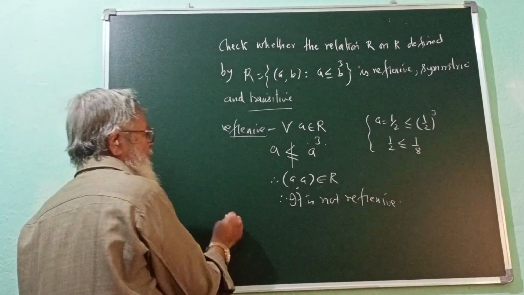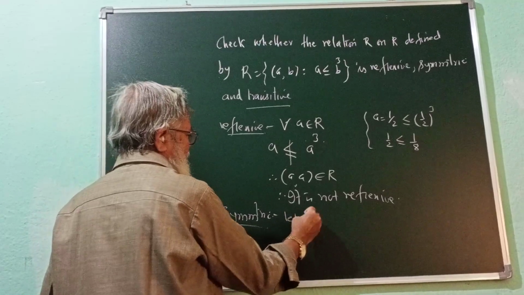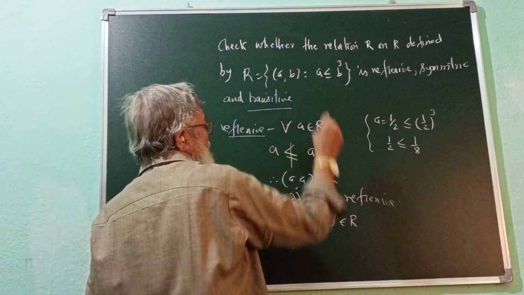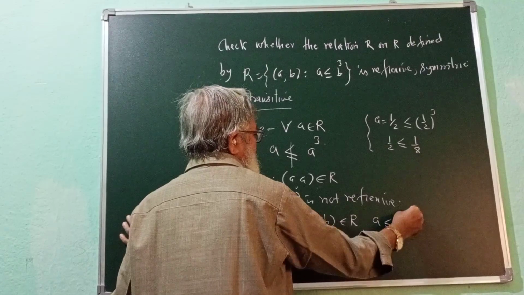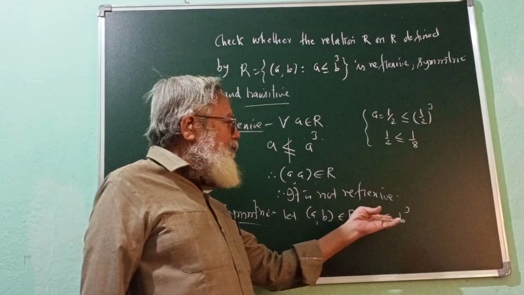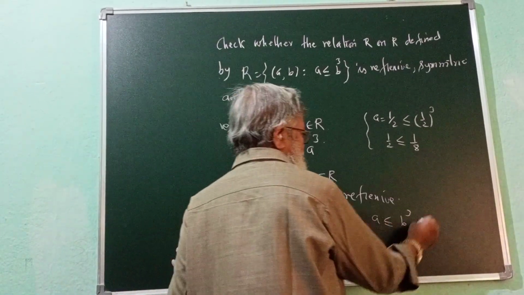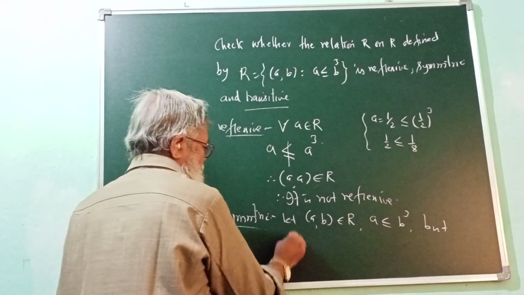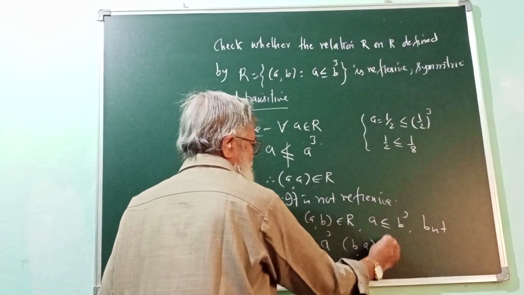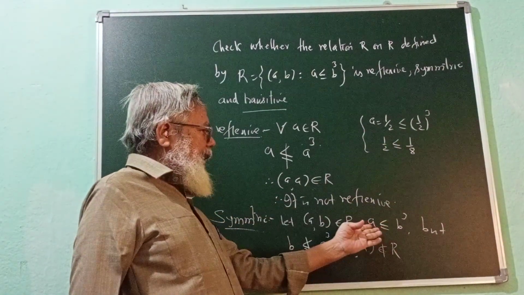Now let us check for symmetric. Here let (a, b) belong to R. Then by the definition, (a, b) belongs to R means a is less than or equal to b cubed.